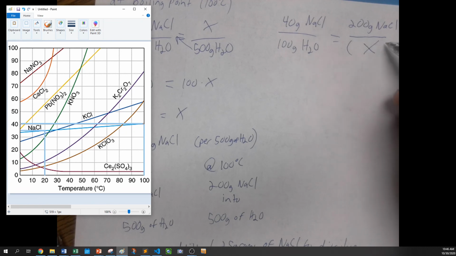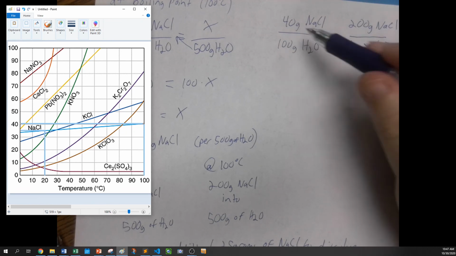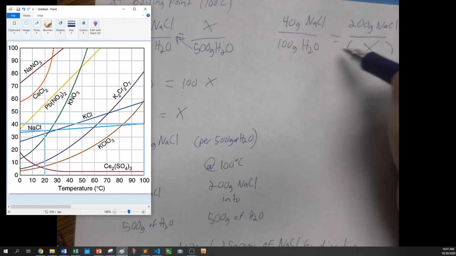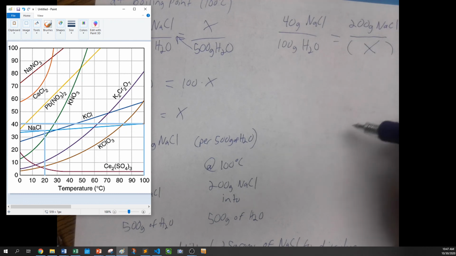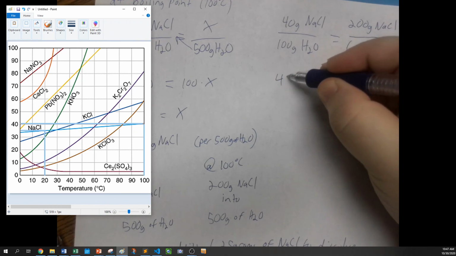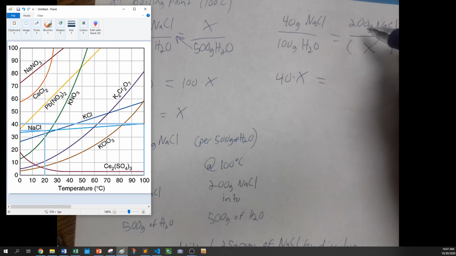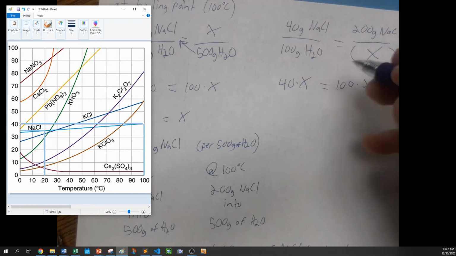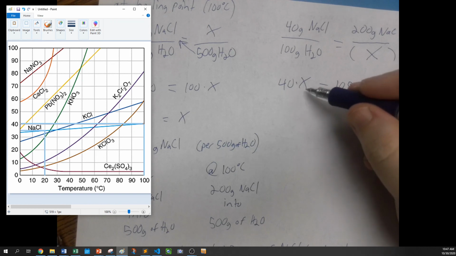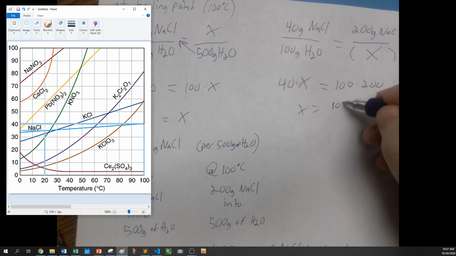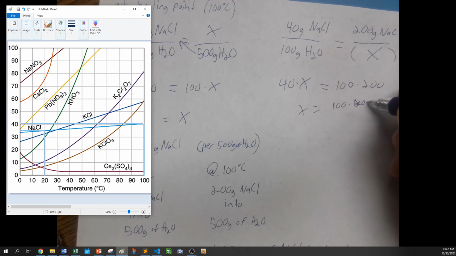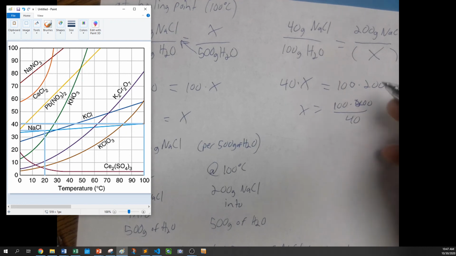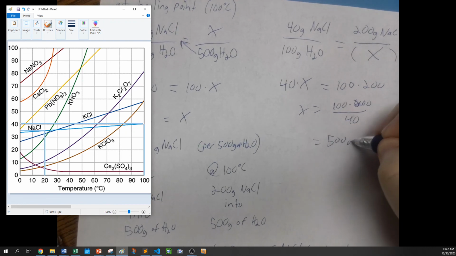How much water do we need for 200 grams? And we just know this ratio. You could cross multiply, do the same thing. So 40 times x equals 100 times 200. X would then equal 100 times 200 divided by 40, and that gives you 500 grams of water.